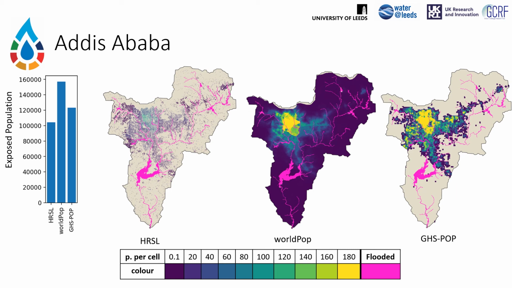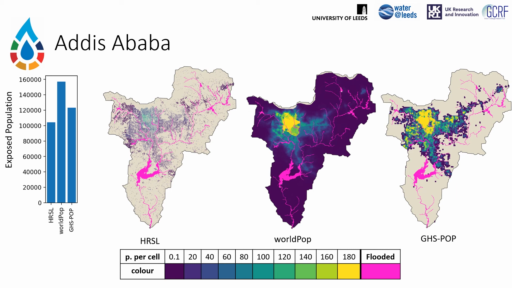This means that you can see within the city that where there is a flood extent, there are fewer buildings. The high-resolution settlement layer is able to better capture the population's avoidance of the flood hazard areas. When you compare this to the other 2 maps, they're not able to capture this. So I think this really comes down to the resolution of the different data sets.